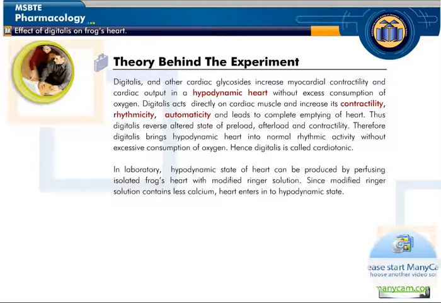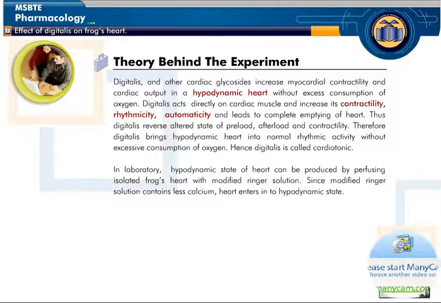Digitalis, like other cardiac glycosides, increases myocardial contractility and cardiac output in a hypodynamic heart without excess consumption of oxygen. Digitalis acts directly on cardiac muscle and increases its contractility, rhythmicity, automaticity and leads to complete emptying of heart.